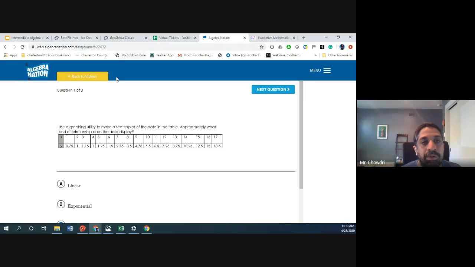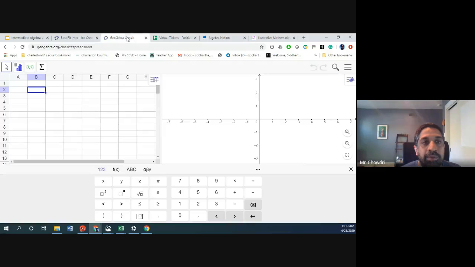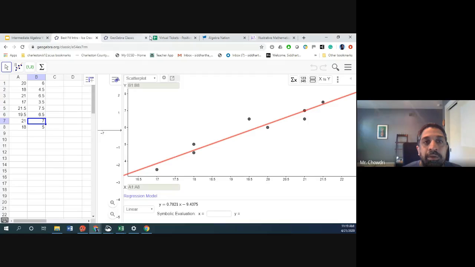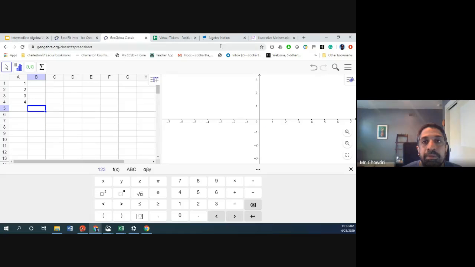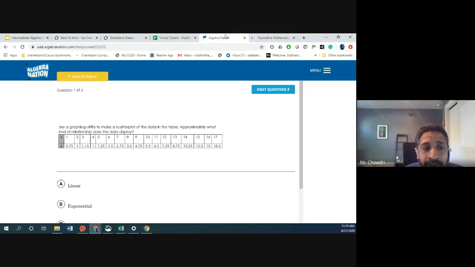So what you're going to want to do is have this information. You're going to want to come to a spreadsheet here and just put all of the X's here like this. And then what were the Y's? The Y's are 0.75, 1, and 1.5.